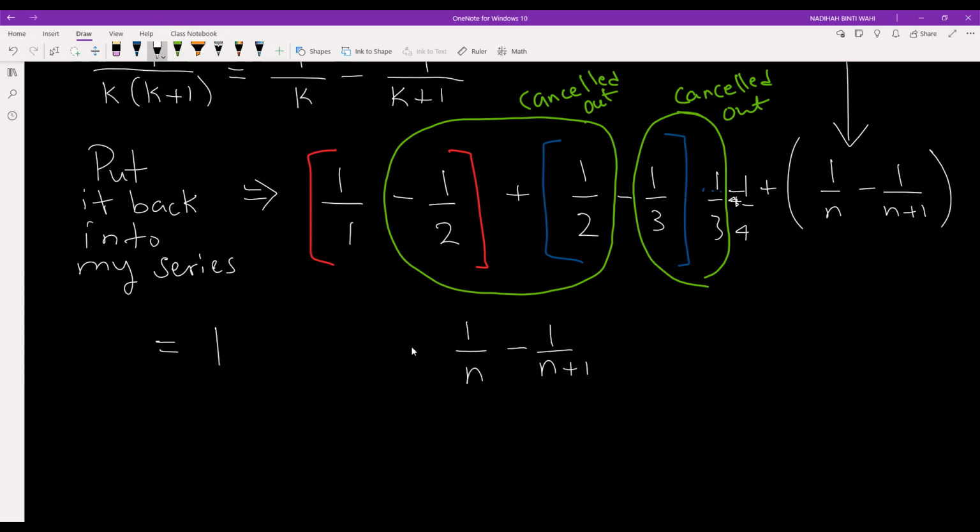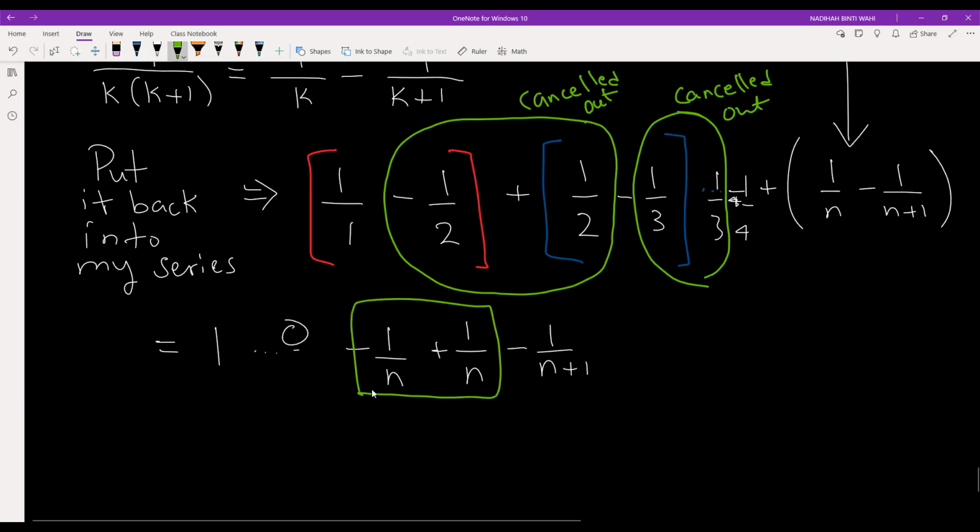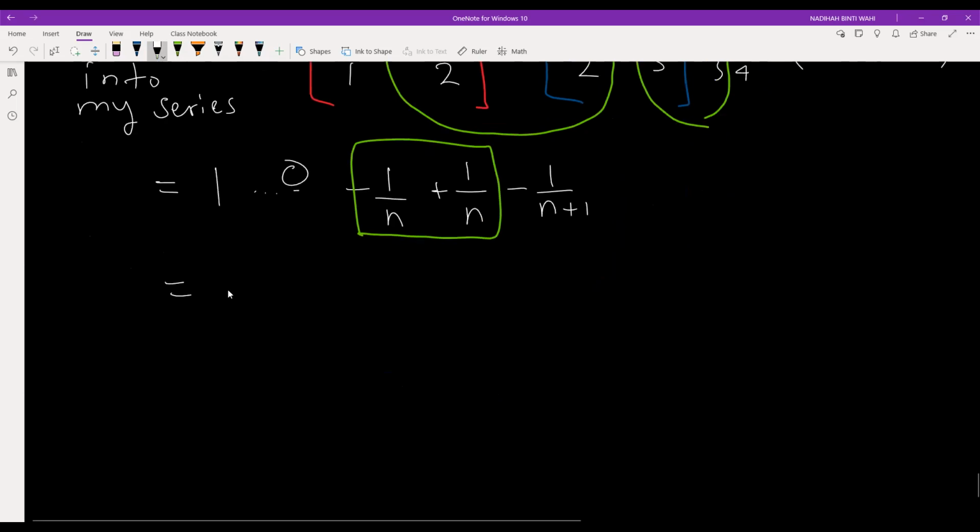So this is positive, this is positive, and it will have minus 1 over n plus 1 here. So all of these in the middle become zero. Okay, this one also cancels out. So what remains? Only the first term and the last nth term.